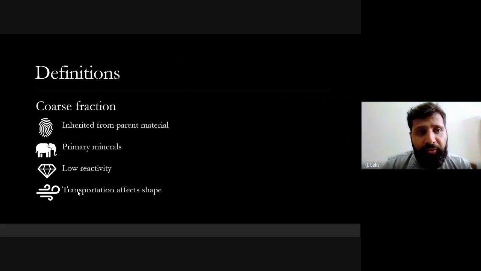So the coarse fraction could express very easily geomorphological and geological processes. They could express which parent material was weathered to produce soil, and if those materials were transported or not. That's very important to us, because when describing paleosoils, we could identify several parent materials in the same soil profile.